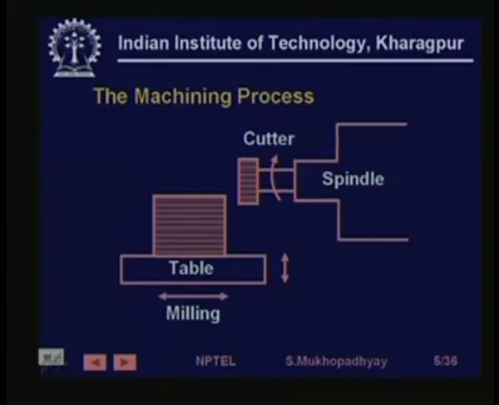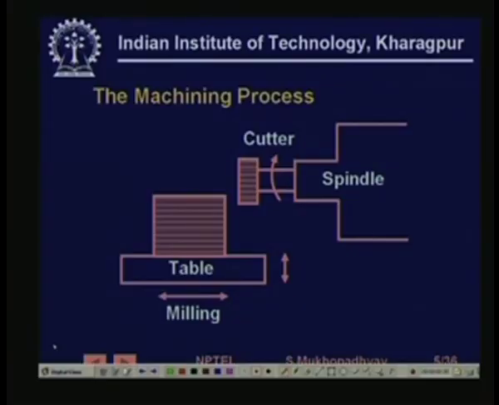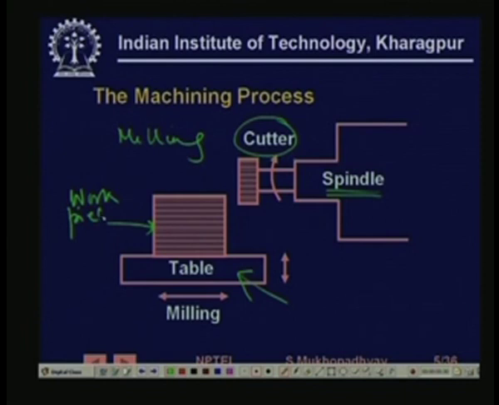On the other hand, if we take another machining process called milling, there you have a cutter. So, this is the milling cutter which has sharp teeth and which is driven by the spindle, and this is the table, this is the job workpiece which is having rectilinear motion, and generally two dimensional rectilinear motion.